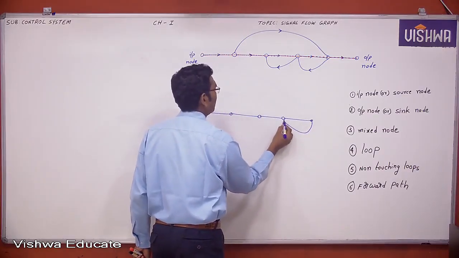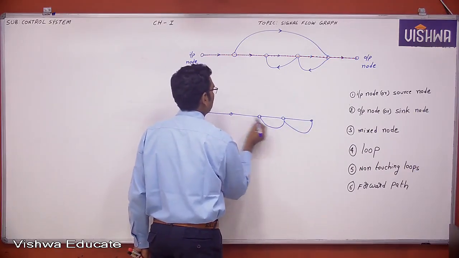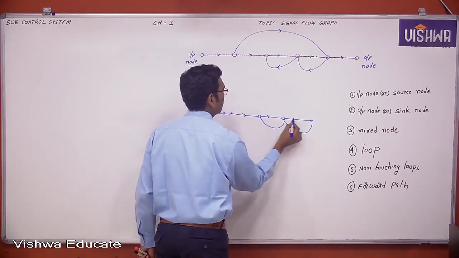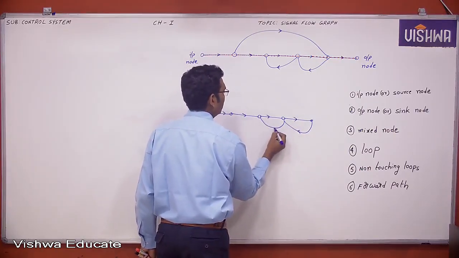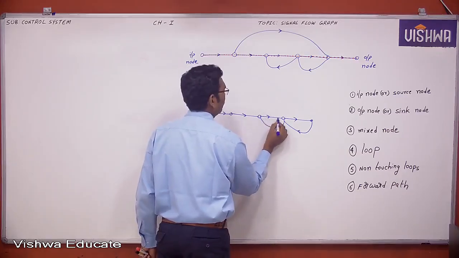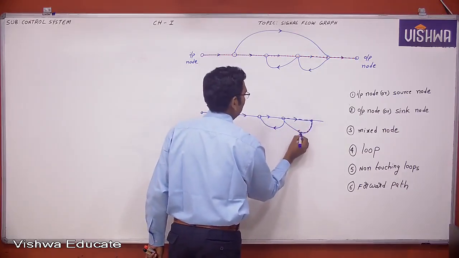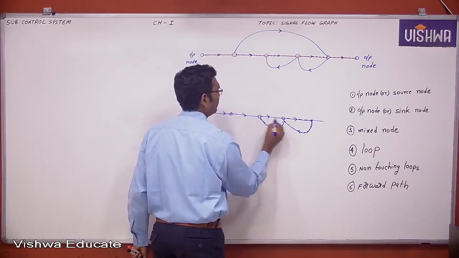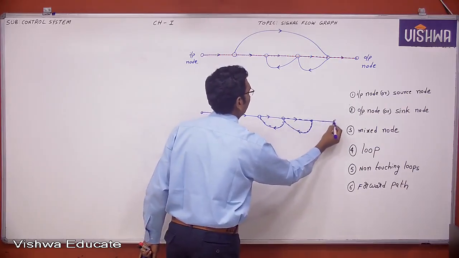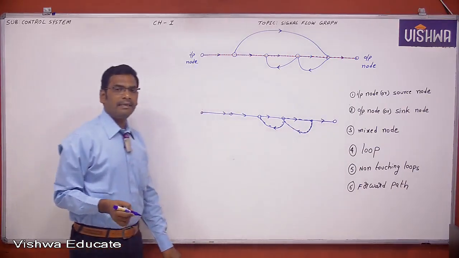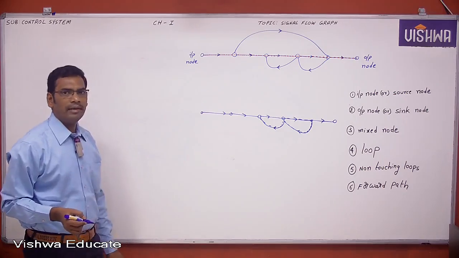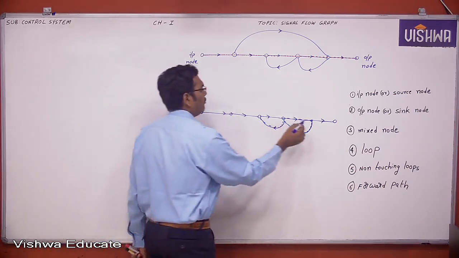So like this, like this. But this is also written. Again, I will go like this. Can I take this as a forward path? Tell me. No, you will never take this as a forward path.